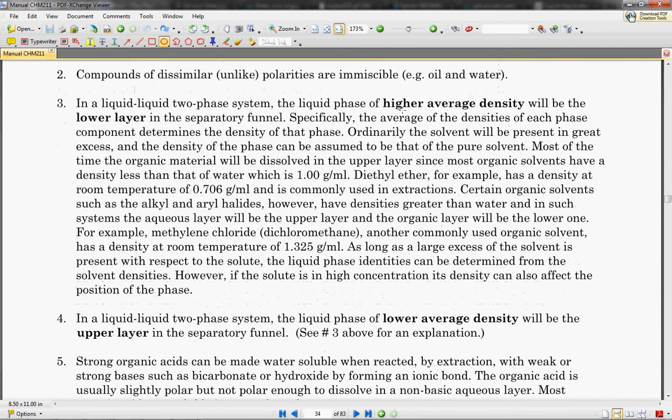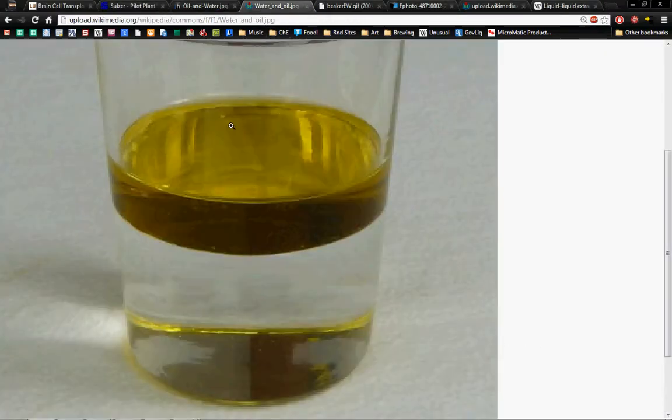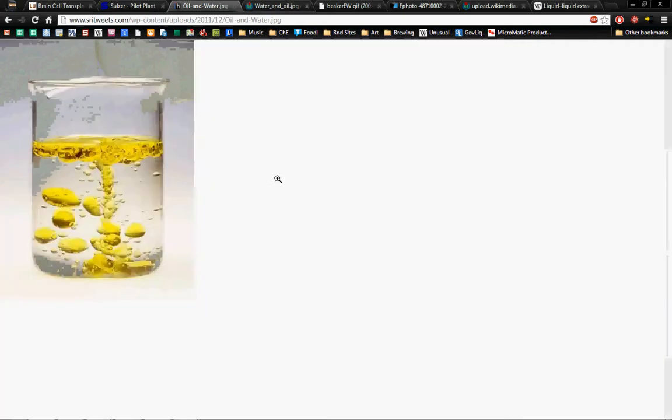It also goes over the higher average density. All that means is that in a liquid-liquid system, what's going to come to the top is the lighter layer, and what's going to be on the bottom is the heavier layer. And I don't mean literally heavier, it's just more dense. If 1 liter of water weighs 1 kilogram, then 1 liter of oil must weigh less than 1 kilogram, I think it's about 0.7 kilograms per liter, in order for the oil to float on top.